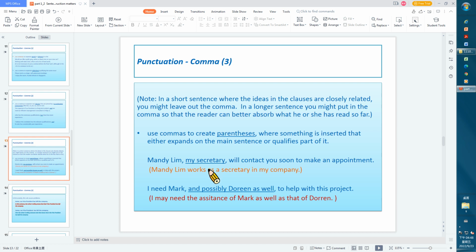In this sentence, Mandy Lane works as a secretary in my company. Another example: I need Mark, and possibly Doreen as well, to help with this project. In this sentence, I may need the assistance of Mark as well as that of Doreen.